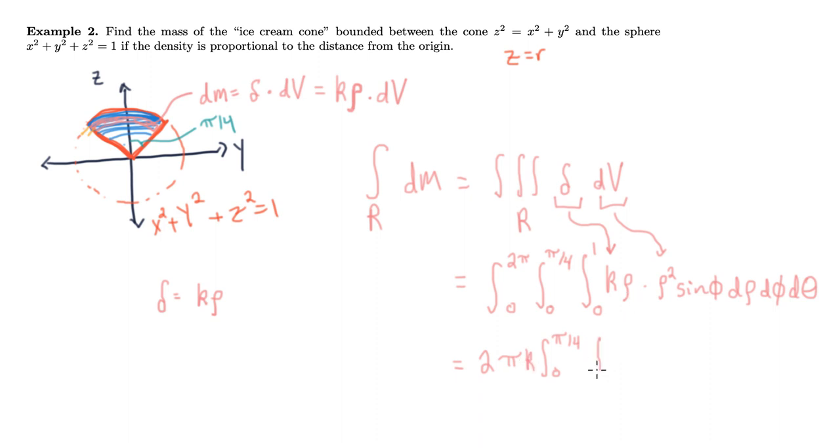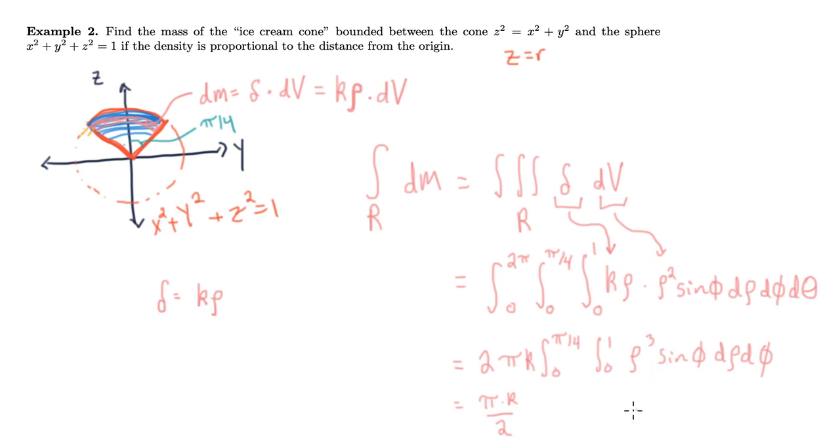And then we have 0 to 1 of rho cubed sine phi d rho d phi. And so rho is going to become rho to the 4th over 4 when we take an antiderivative, and we're just going to plug in 1. So that's just going to give us a factor of 1/4, which comes out here to give us a factor of 1/2. So this is going to be pi times k all over 2.